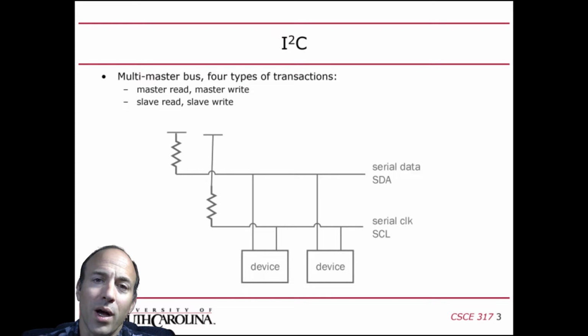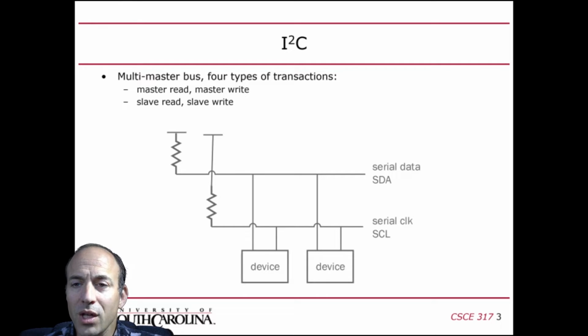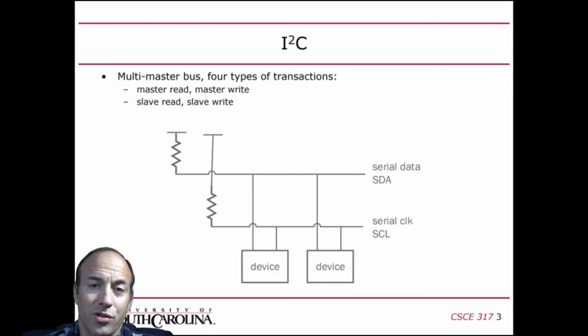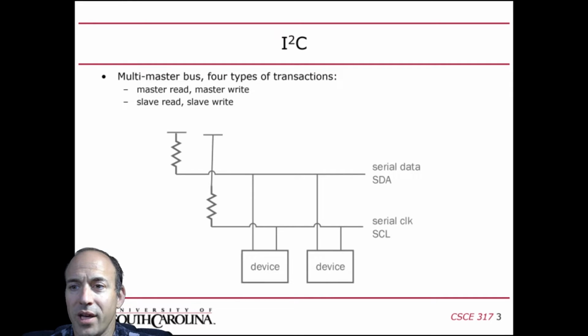And of course, the read and write are similar to what we had with SPI, where you've got an address and data associated with a read or write transaction. So for example, I could perform a master read on another device, or another device may perform a slave write to me. In either one of those cases, one word of data would be sent from that other device to me. Okay.